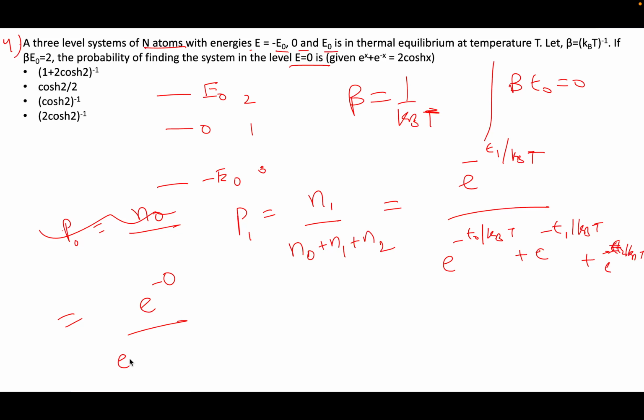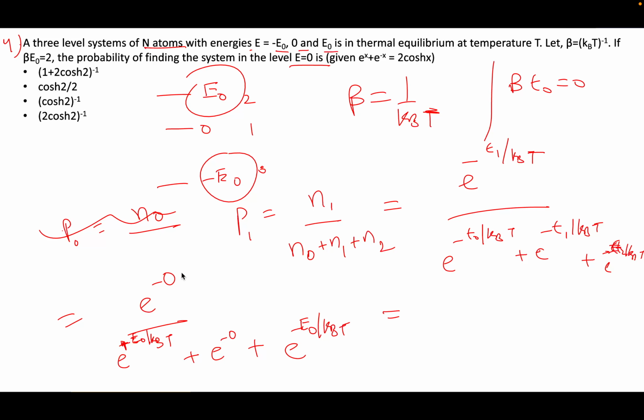So this is e to the power minus E naught by kBT plus e to the power 0 plus e to the power minus, okay, it was minus E naught, so it is minus plus E naught. Okay, and this is minus E naught divided by kBT. Since this is E naught and this is minus E naught, so this will become e to the power minus into minus plus E naught.